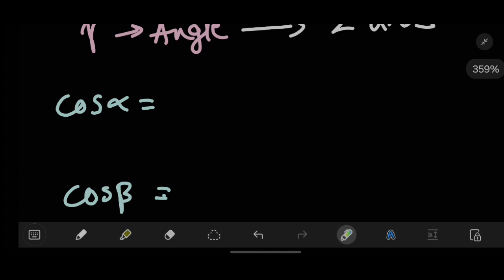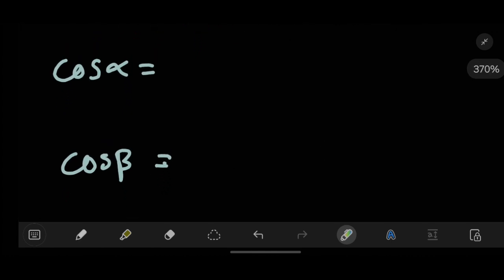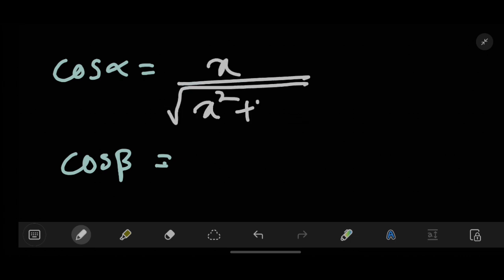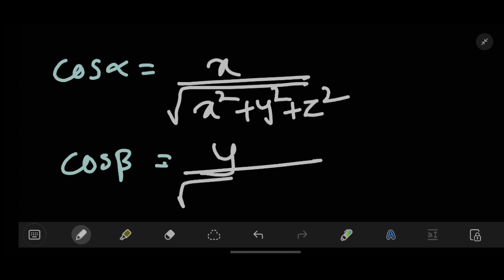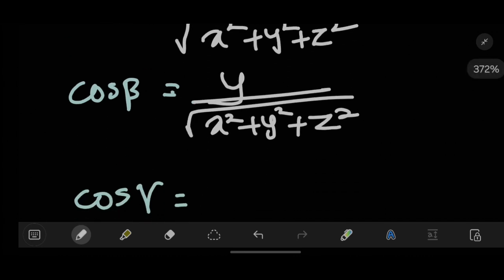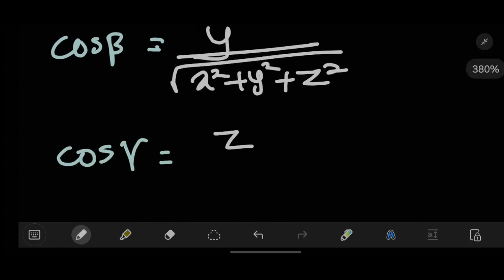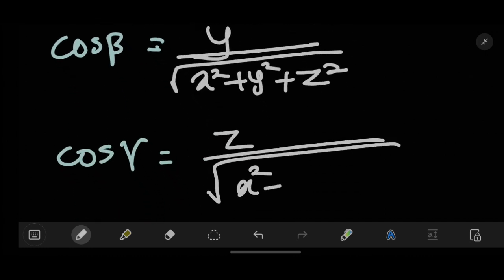Now we have to understand a few formulae, that is cos alpha, cos beta, and cos gamma. First, cos alpha is given by x by root of x square plus y square plus z square. Cos beta is y by root of x square plus y square plus z square. Cos gamma is z by root of x square plus y square plus z square.